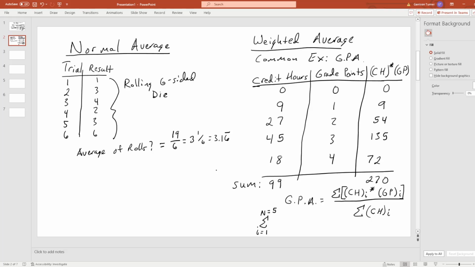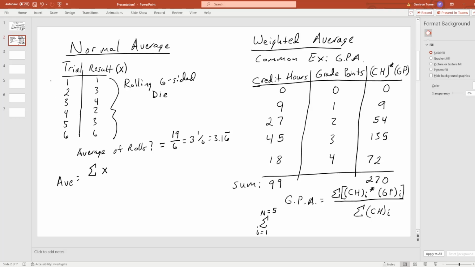And so in mathematical notation, what we would say is the average is equal to the sum. So I'm going to let these results be my variable x. I'm going to add up all of my x's.